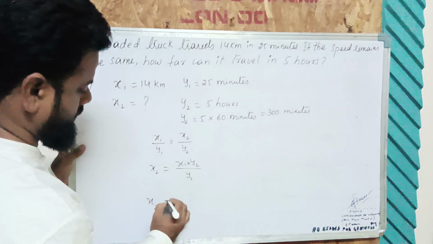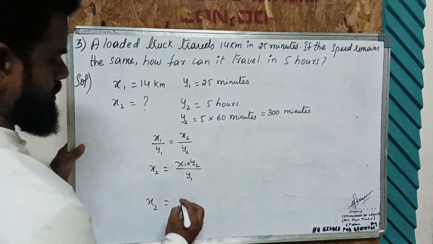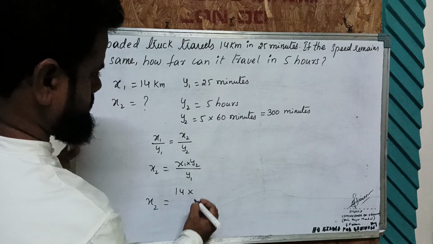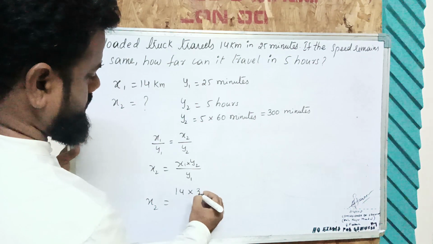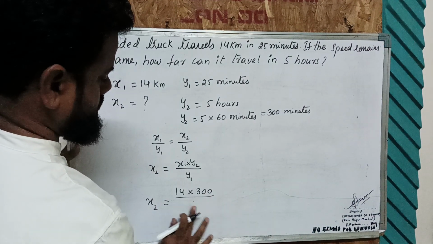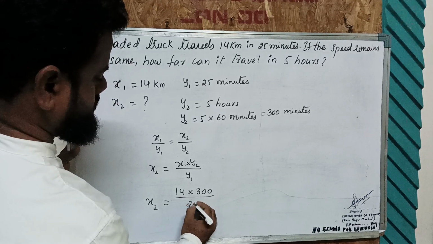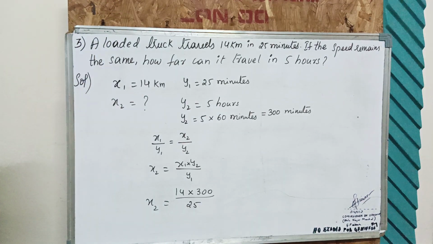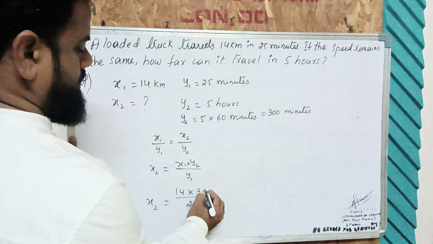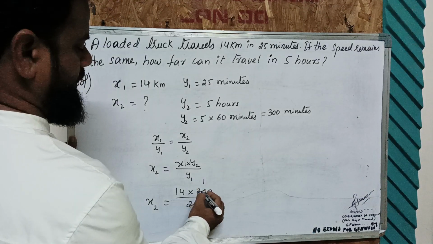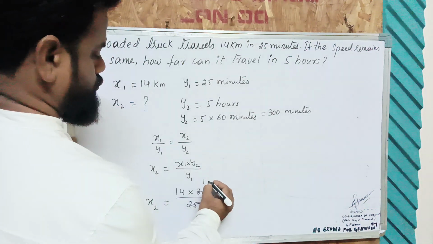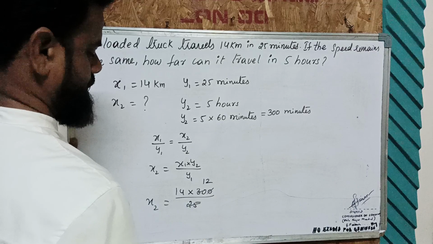Now let us substitute the values. x1 is 14 into y2, y2 is 300, y1 is 25. Now we can cancel them. 25 ones are 25, 25 twelves are 300.